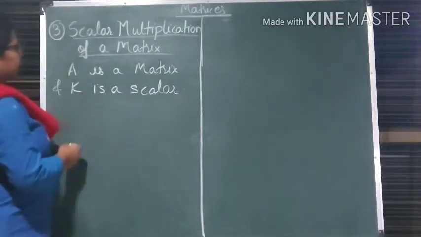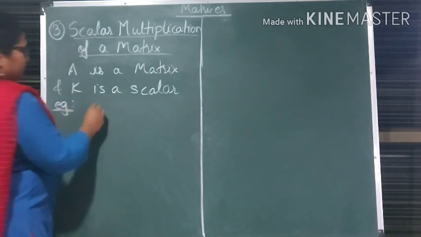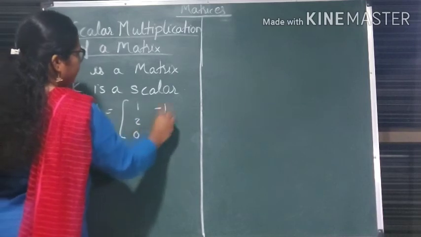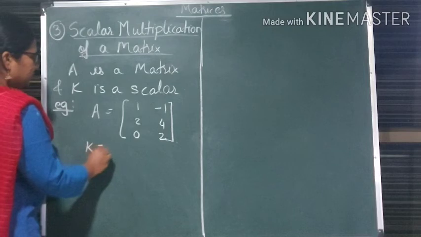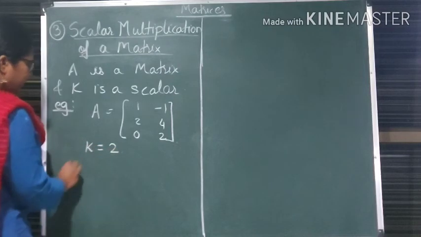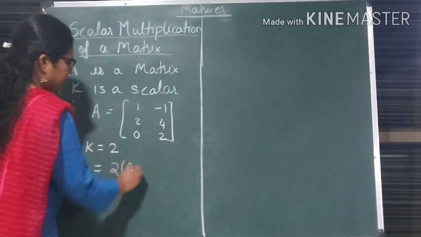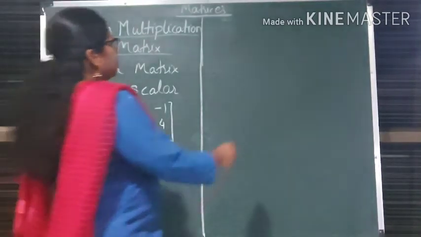Okay. Now, I will take one example and explain exactly what it is. Suppose you have a matrix A: 1 2 0, minus 1 4 2, and K given to you is 2, and you have to find K into A, that is 2 into matrix A. How do you find this? What is the meaning of this?